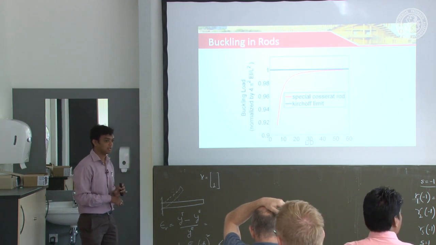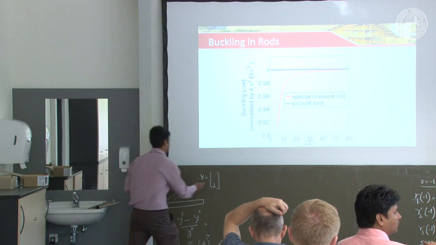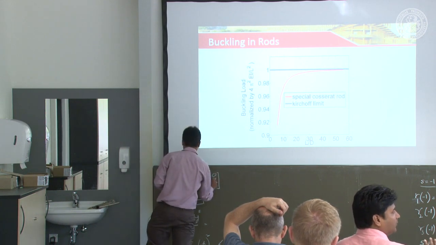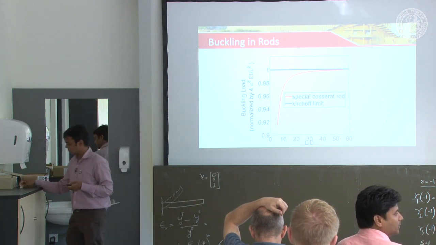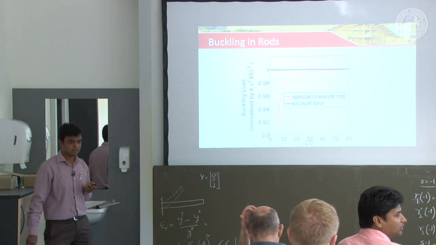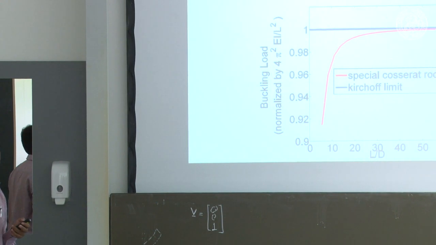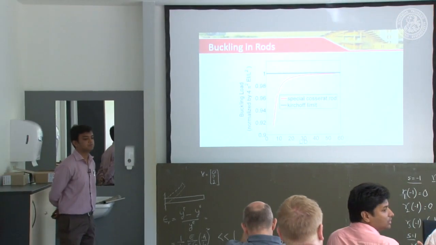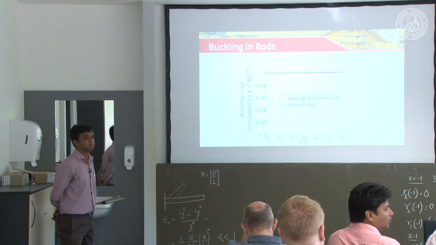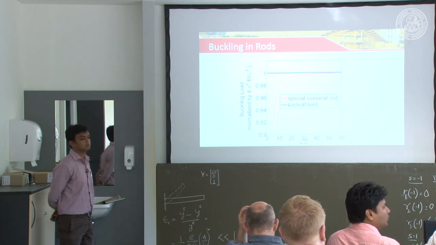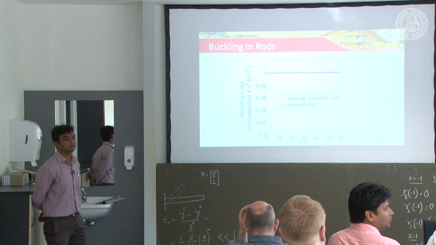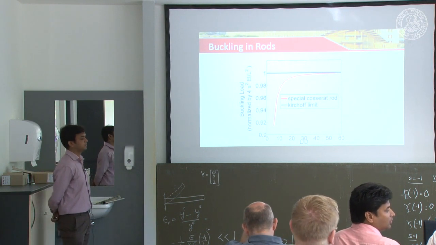For a special Cosserat rod, we have arbitrary v. So v is a strain measure, right? But the Kirchhoff rod is a special kind of rod which neither shears nor stretches. That would mean V1 is equal to 0, V2 equal to 0, and V3 is equal to 1 always.